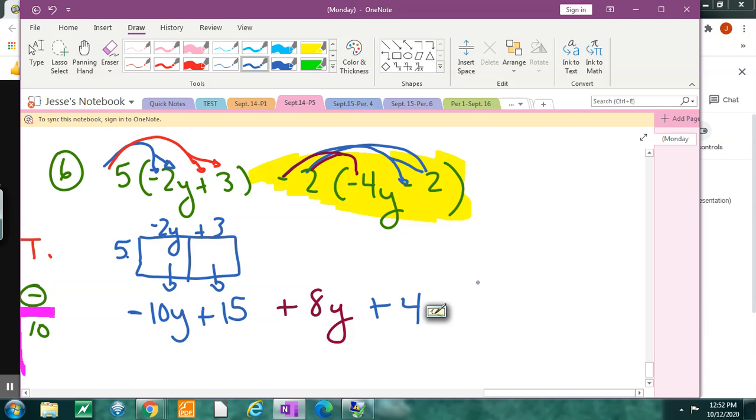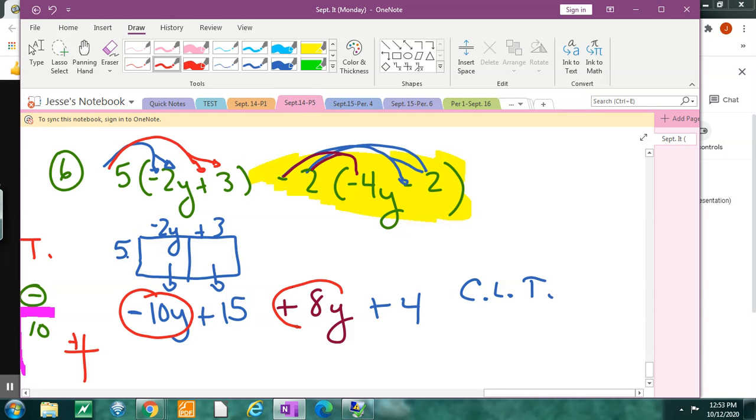Again, here we're going to combine like terms. The -10y and the 8y. So make sure you say the y, because sometimes you might forget the y. I'm going to circle the -10y, and I'm going to circle the 8y.